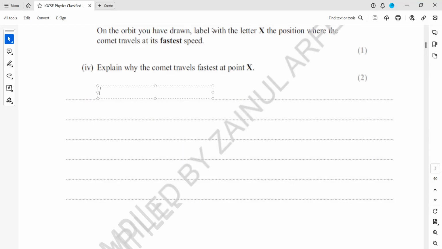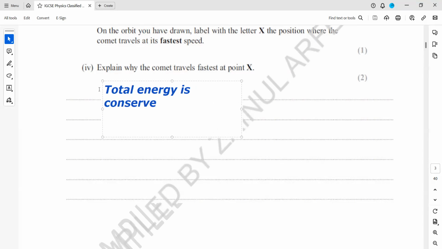One point is for mentioning that the total energy is conserved. The second point, the total energy is equal to potential energy plus kinetic energy.